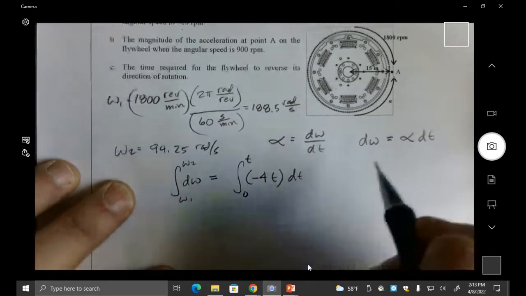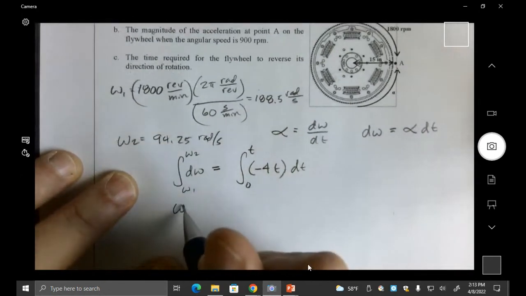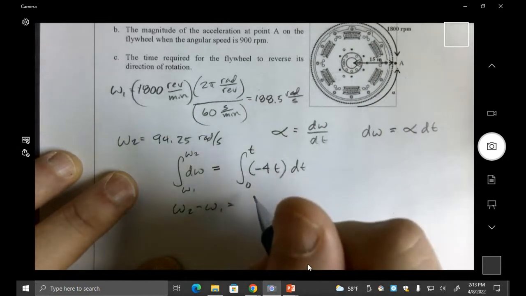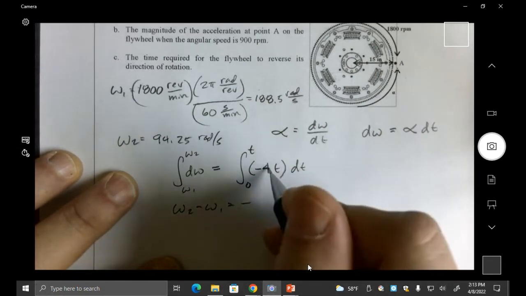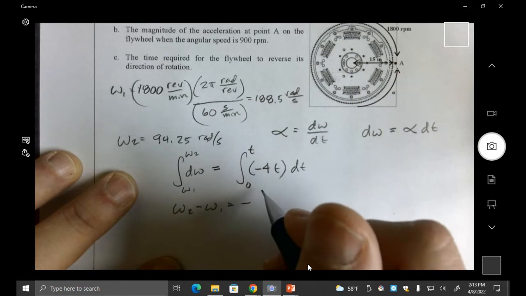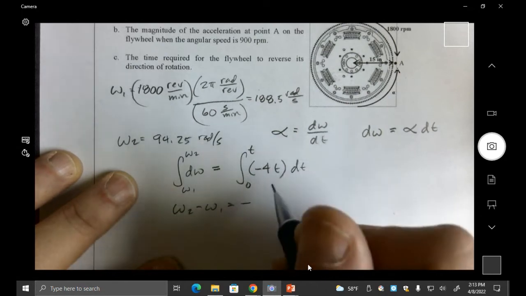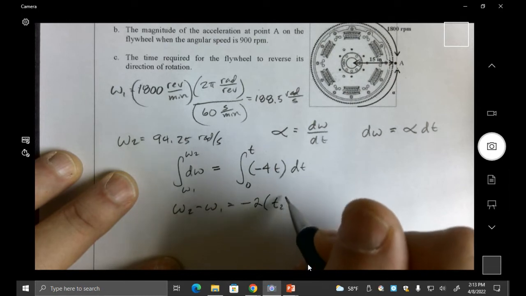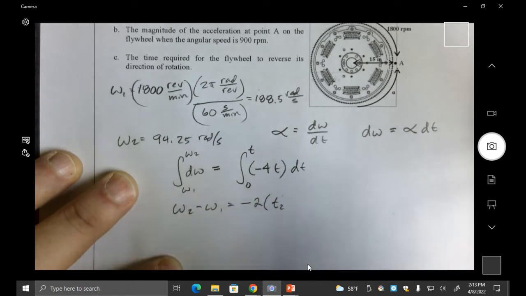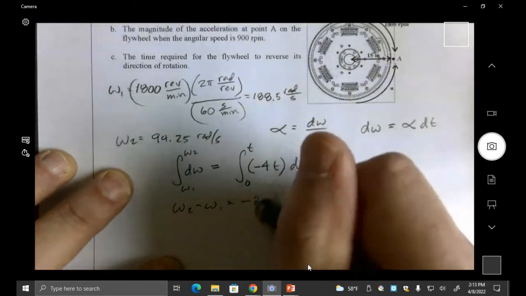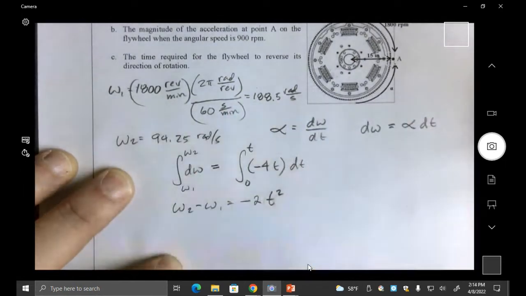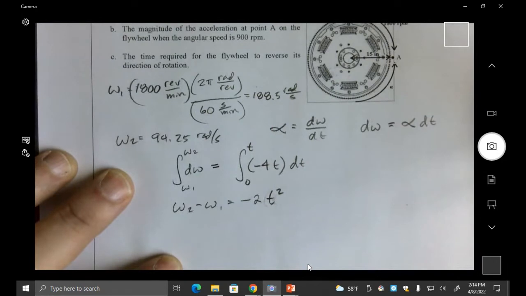So we have omega 2 minus omega 1 is equal to negative 2 t squared. Sorry, the way I have it written there, I don't know why I wrote it that way. That's okay.